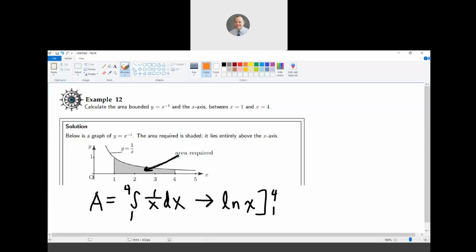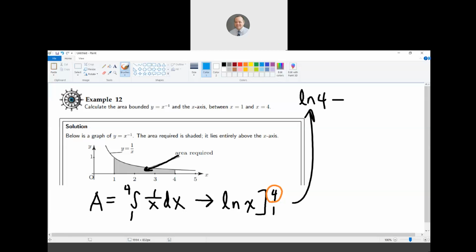So we plug in the upper limit of integration first, and that gives us natural log of 4. In the fundamental theorem of calculus part 2, there's a mandatory minus sign in between your substitutions.